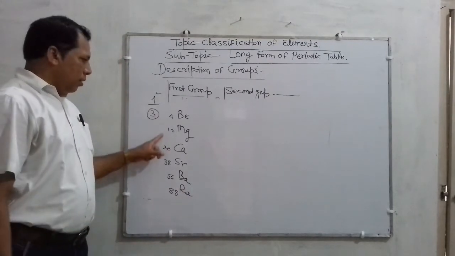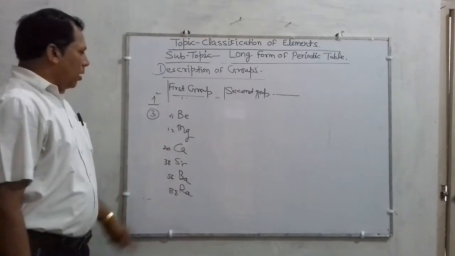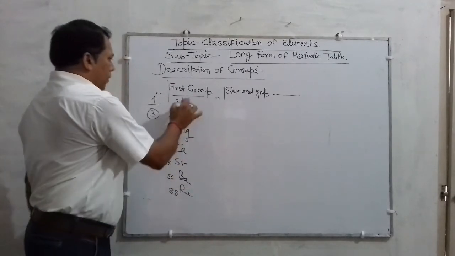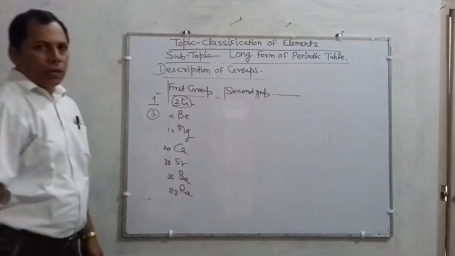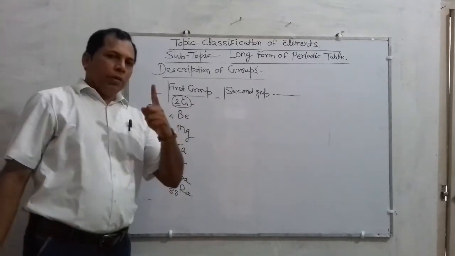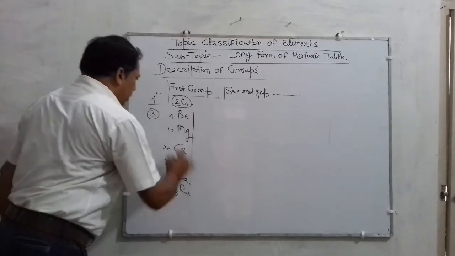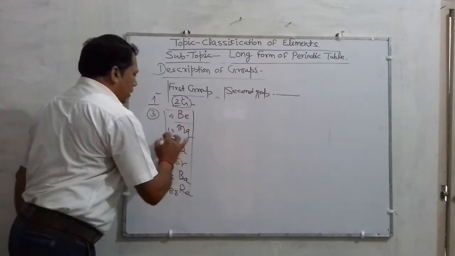Am I right? These are the atomic numbers of the elements present in the second group. So according to the property, the elements present in a group exhibit similar chemical properties.